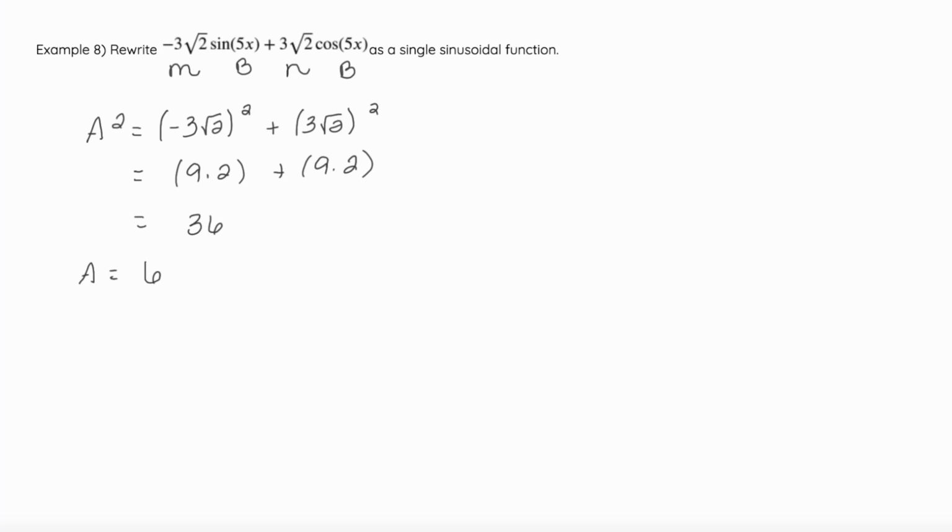All right, so let's now solve for c. We have got two options that we need to find, so let's do cosine of c is our m value over our newfound a value, which reduces to negative square roots 2 over 2.